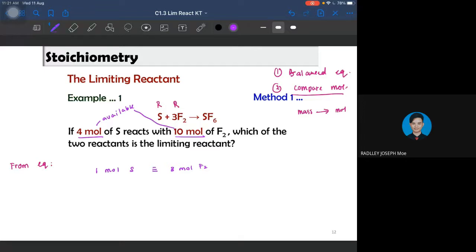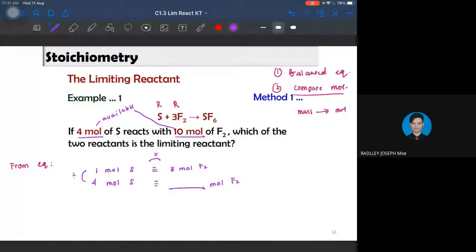Okay, so if you have, kalau kamu ada 4 mole of sulfur, kamu perlukan berapa mole of F2 untuk menghasilkan produk? So kita buat darab silang, cross multiplication. Kamu akan dapat 4 bahagi 1 darab 3.